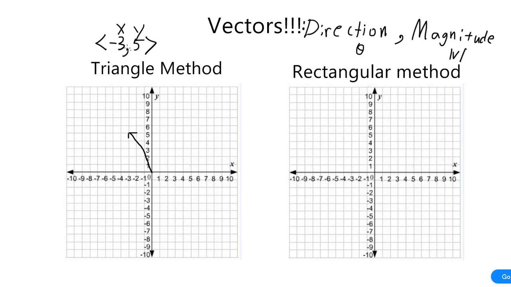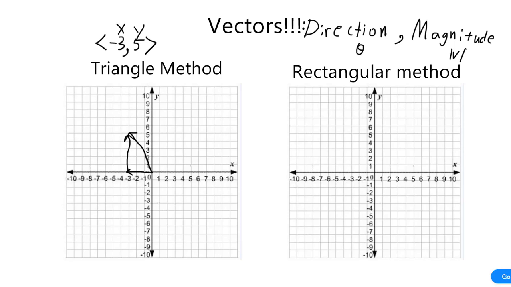So with the triangle method, you have this vector right here. If you go over 3 and then go up 5, you're going to get this -3, 5 vector.